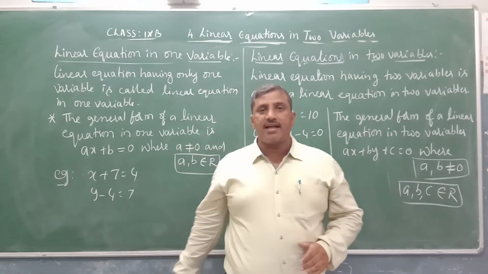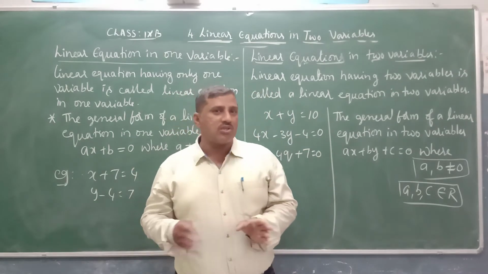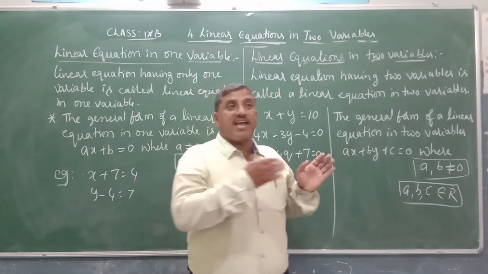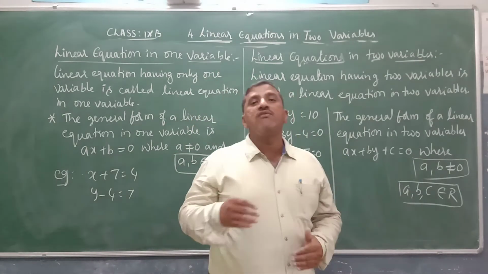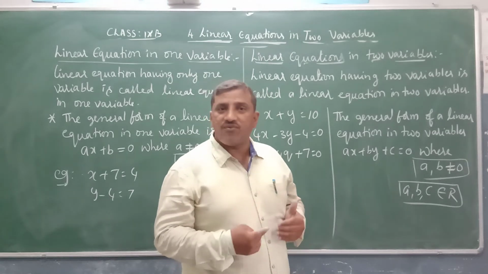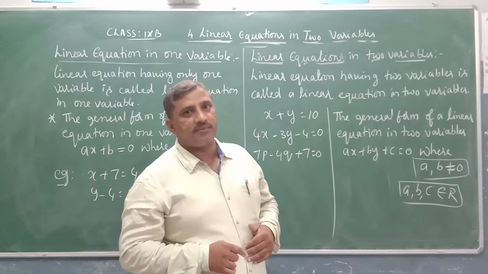Now we'll discuss which equations are in ax plus by plus c is equal to 0 form, which are not, and if they are not, how we can change them to the form ax plus by plus c is equal to 0.